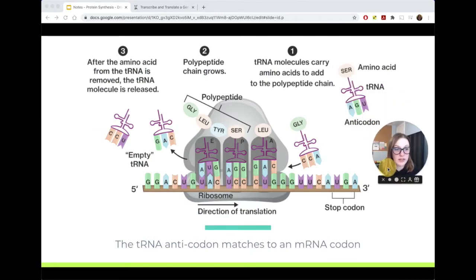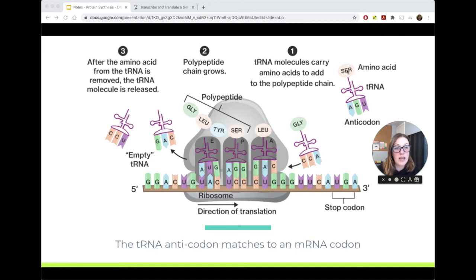So let's take a look at this process in more depth, starting right here. tRNA molecules carry amino acids to add to the polypeptide chain. So here's a tRNA floating around in the cytoplasm. This specific tRNA has the anticodon AGU, which would pair with the mRNA codon UCA.